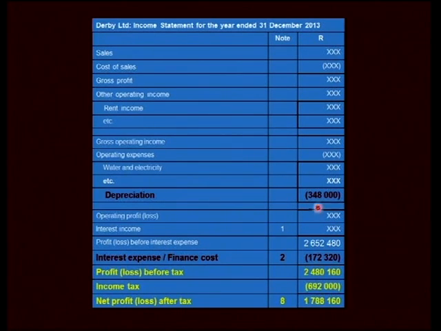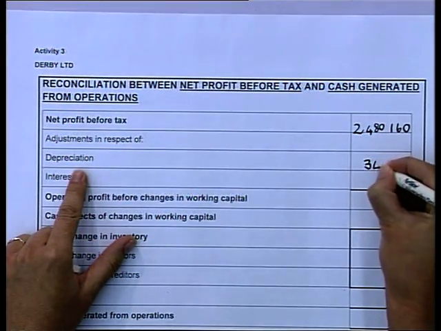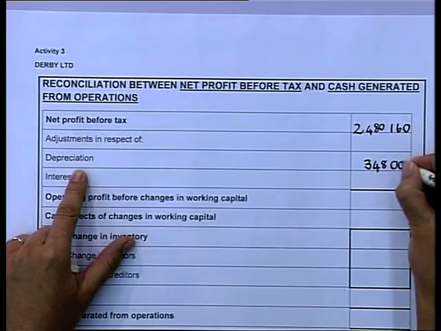The depreciation is because it's a non-cash flow item. In your syllabus, this is the one non-cash flow item, which I say in my reconciliation, you know what? Don't deduct that from net profit because I didn't write out a check. I didn't make a payment for depreciation. So that is why depreciation of 348,000 is added back to the net profit before tax.